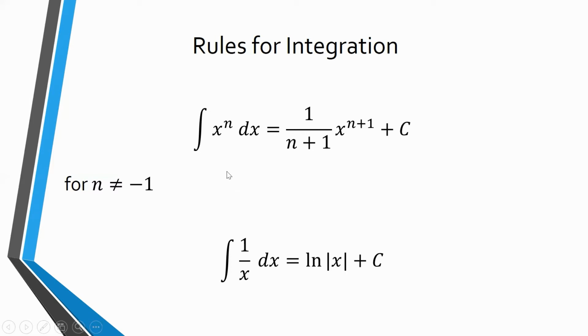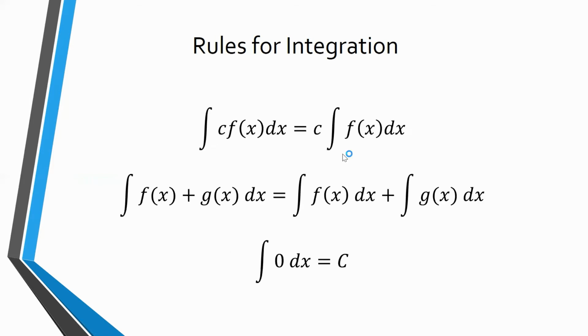If n is equal to -1, then we're in this scenario on bottom. So any polynomials, we're going to utilize these rules here. Integrating x to the n, utilizing that we can integrate each term individually, and then constants, we can integrate this piece multiplied times c.